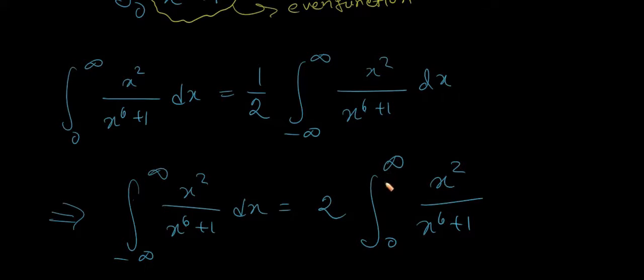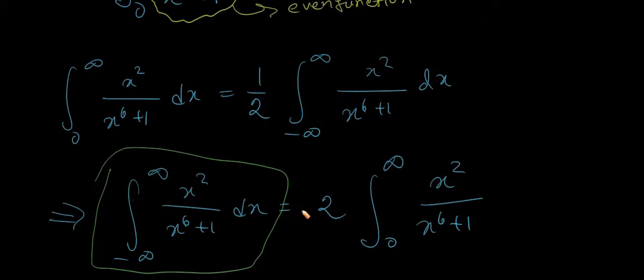Obviously there will be functions that are odd functions, or functions that are neither even nor odd, and we'll see them in future videos, but this trick will work for any even function. So our goal is to evaluate this minus infinity to plus infinity integral, and then we'll simply divide by two to get the integral that we originally started with.